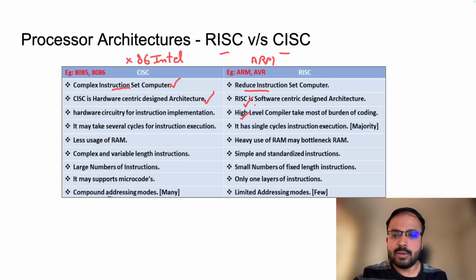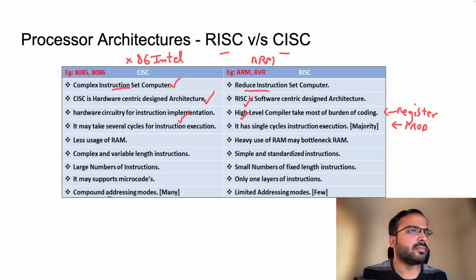If you have to multiply two data located in memory, in CISC you can do memory to memory multiplication, but in RISC you first have to load them into registers, and then multiply to get the product. So that is one demerit of RISC, but of course we'll come to advantages also.